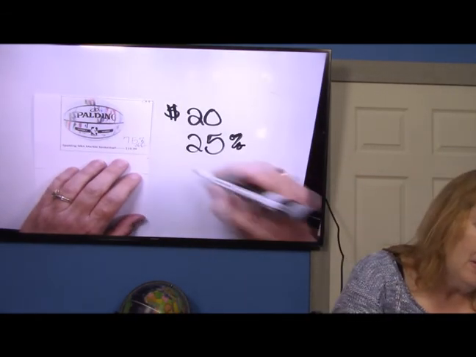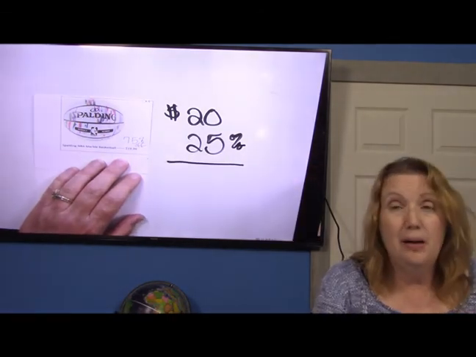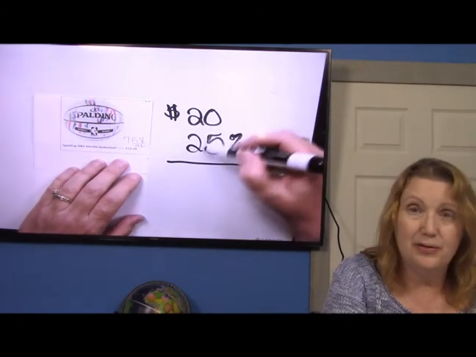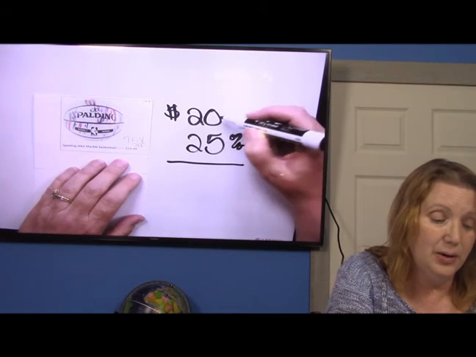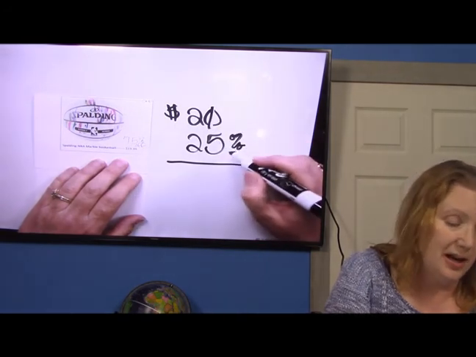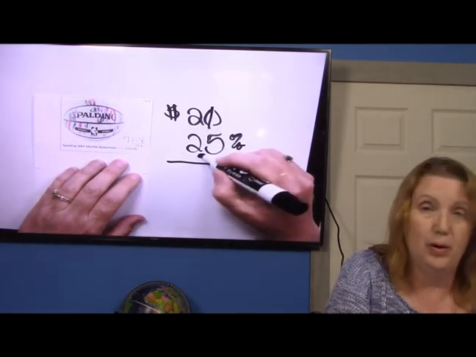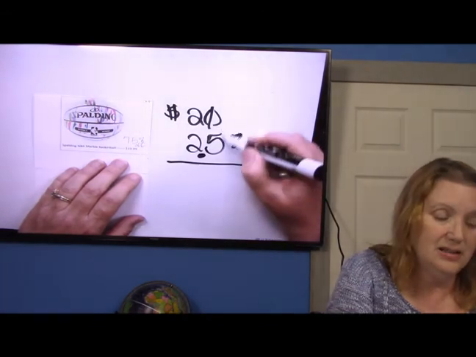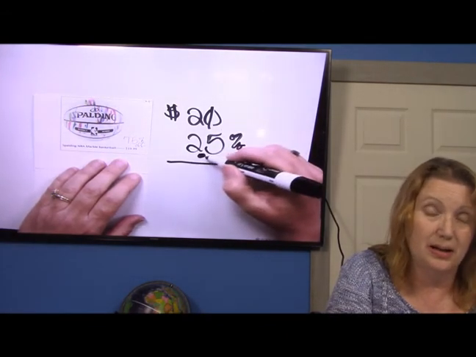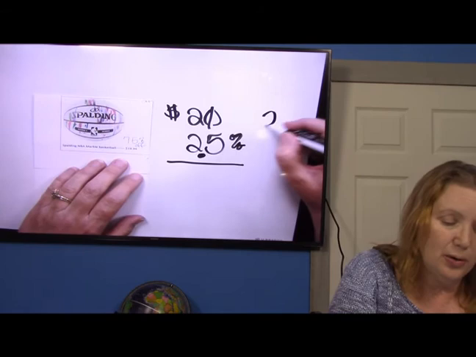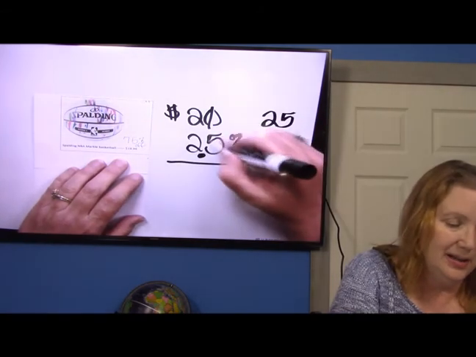Now, when I multiply this, I can't cut off two zeros because I only have one here. So I'm actually going to have to put this decimal back one here. If I can't cut a zero off, I have to move the decimal back. So I'm not real comfortable with multiplying like this.